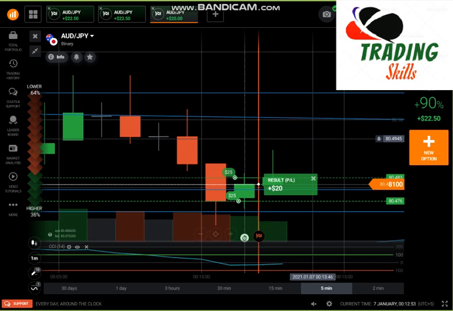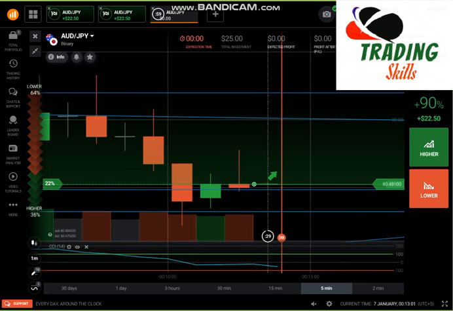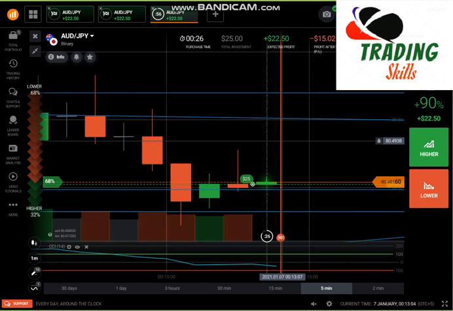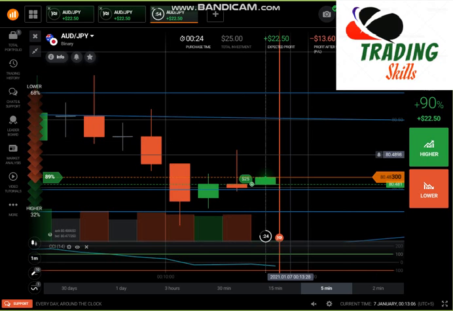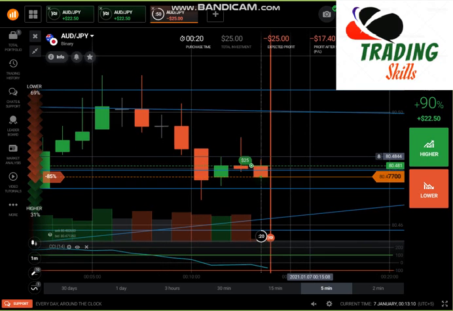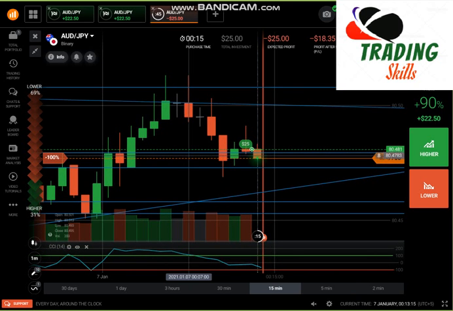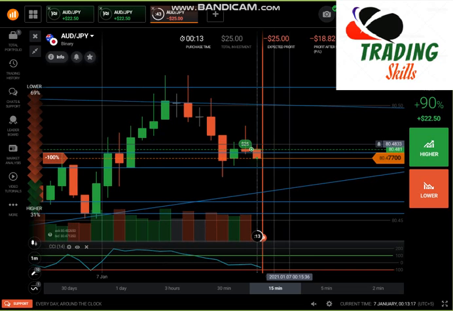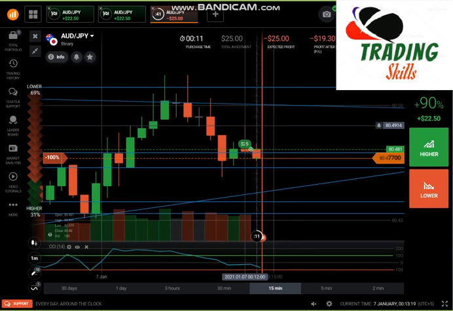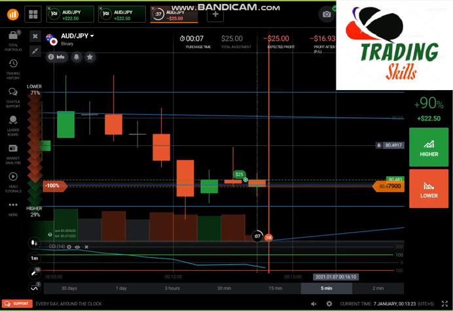Because of our late entry, or because of the entrance of the sellers, we took this trade, but the entry point was a bit high, so I can again go with the buyers confidently from this area. Let's see what happens here. The candle closed exactly at the level, so I have taken my trade in an up direction, and this candle is making a new high, so the next candle can easily go up.